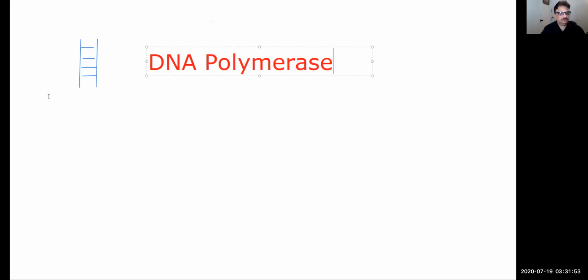And for the division, the parent DNA will separate out, and then a new daughter DNA will be synthesized.